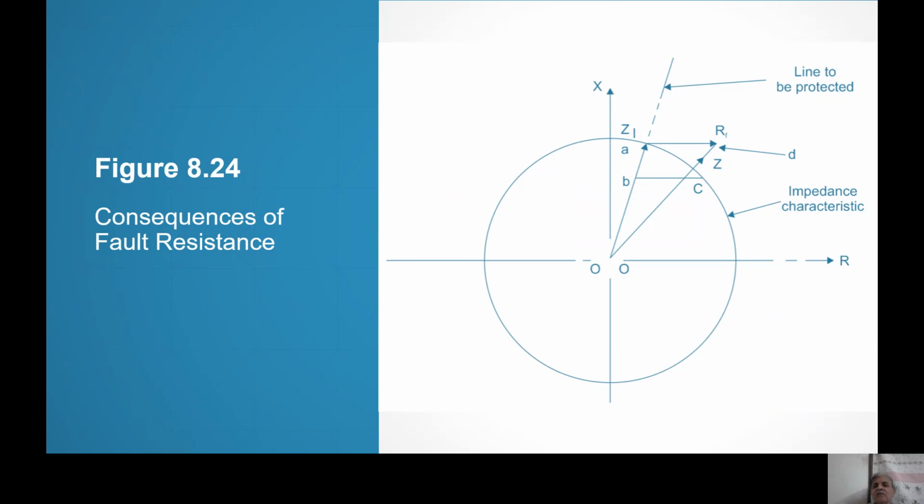If you see, BC is equal to AD, that means the relay measures only up to OB. That means AB is the underreach. AB divided by OA into 100 is the percentage underreach.